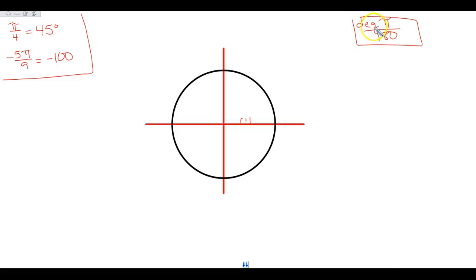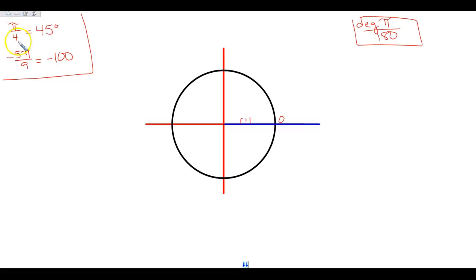If I have 0 degrees, I'm also going to have 0 radians. The important thing to know here is that everything that we do is going to come from this side. So I'm going to start from this side and go up 0 degrees. So this is my 0.